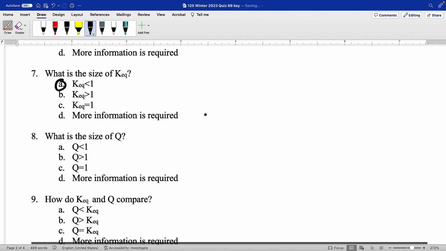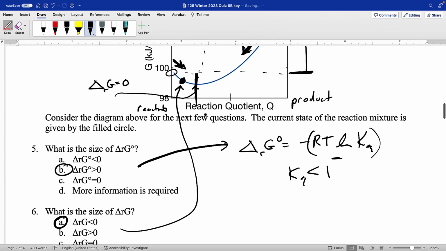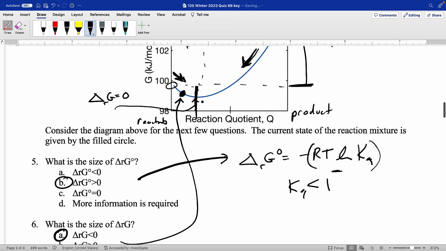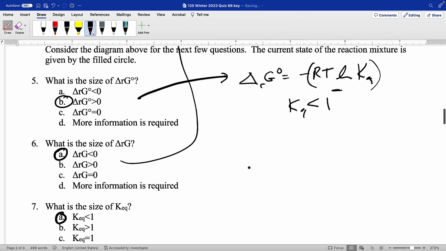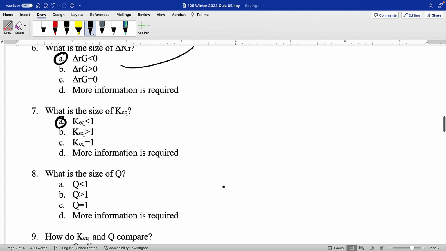All right, what about the size of Q? Looking at this, Q is where we're at on the x-axis, which is this filled circle. And we can see, if we look at that filled circle, that the value of Q is less than K, right?